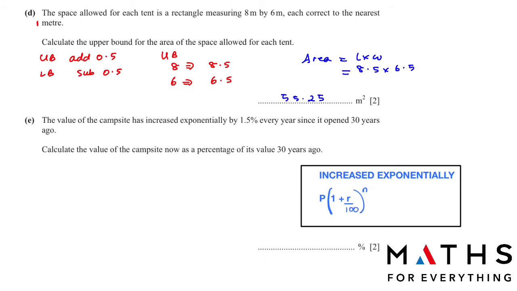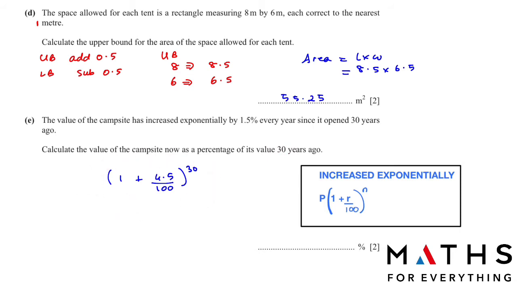Now for this question, we don't have the principal. So 1 plus the rate of interest, which is 4.5 over 100, and the number of years is 30. We do not need the principal, as the principal is going to be the same when you start it and after 30 years, so the principal gets cancelled.